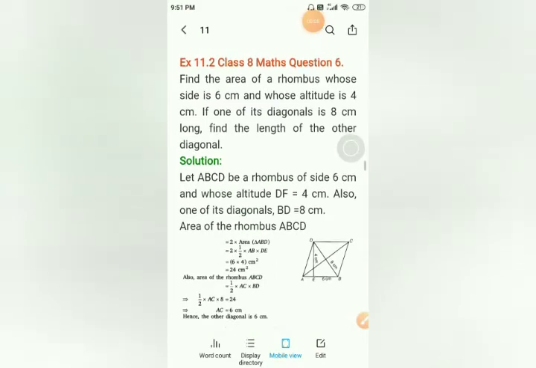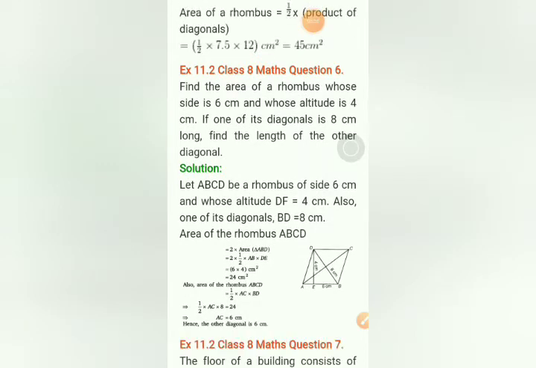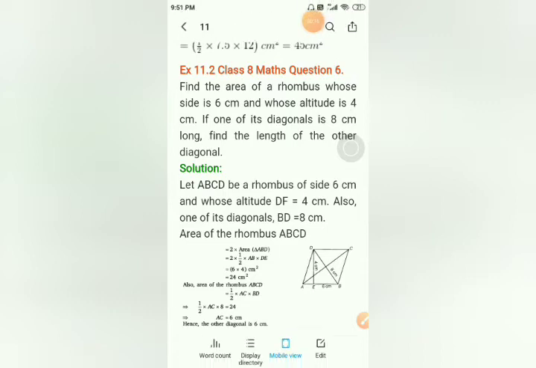Now let's solve question 6 of exercise 11.2. Find the area of a rhombus whose side is 6 cm and whose altitude is 4 cm. If one of its diagonals is 8 cm long, find the length of the other diagonal.